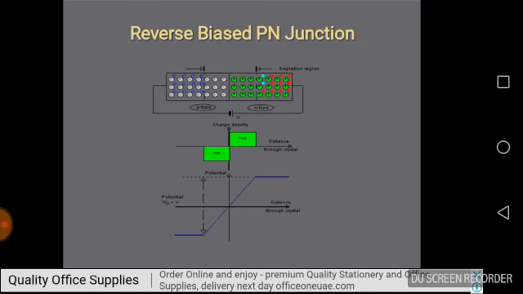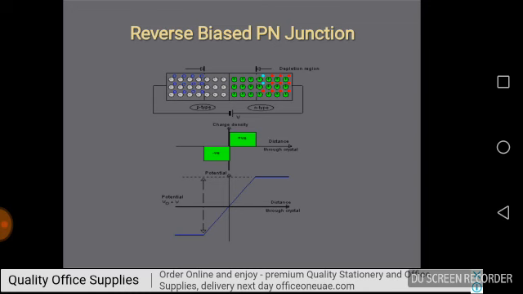Now let us see the VI characteristics, or the voltage-ampere characteristics, of this PN junction diode. In this figure you could see two graphs. One is in the second quadrant, and another one in the fourth quadrant.